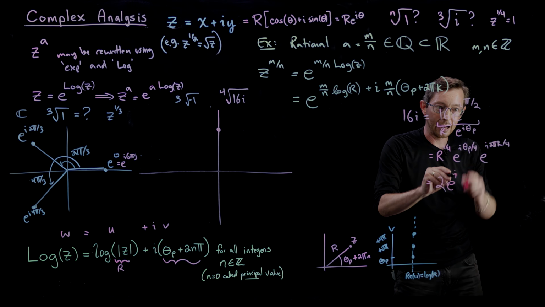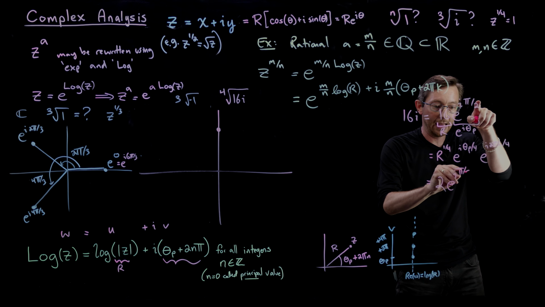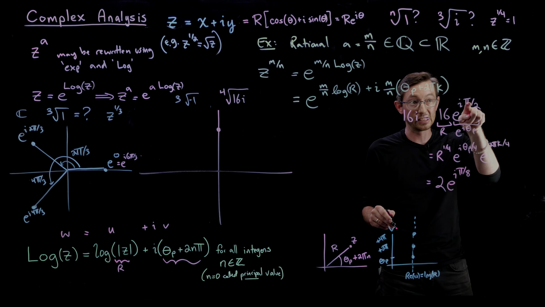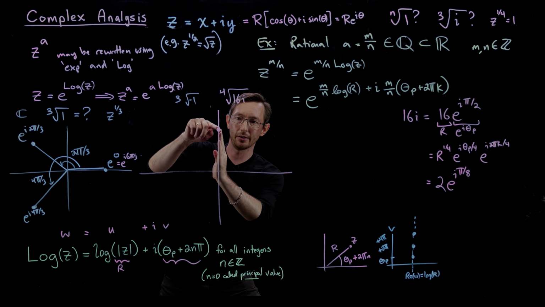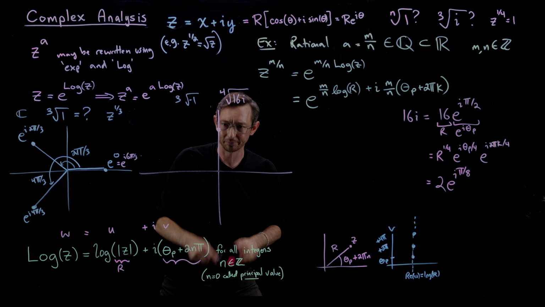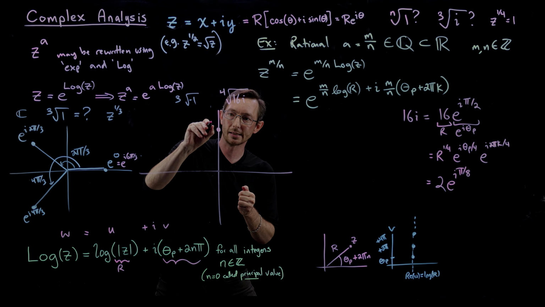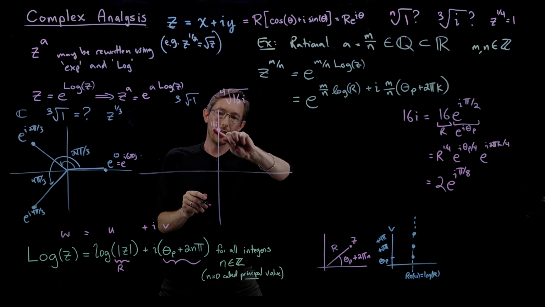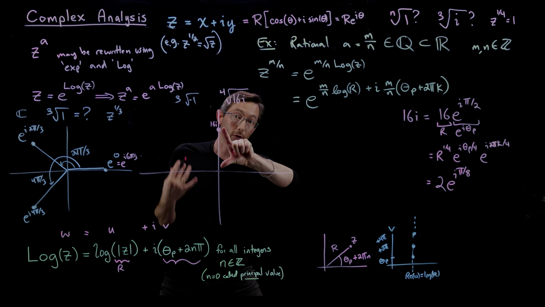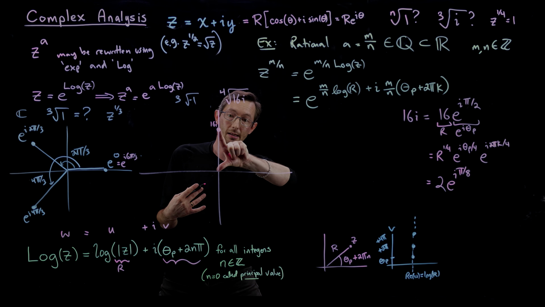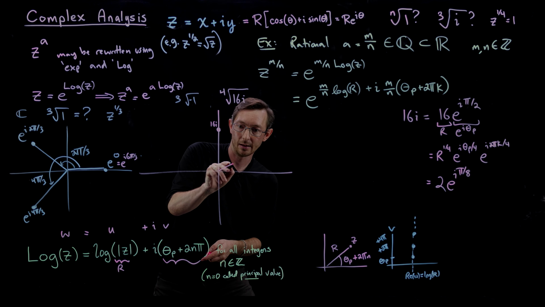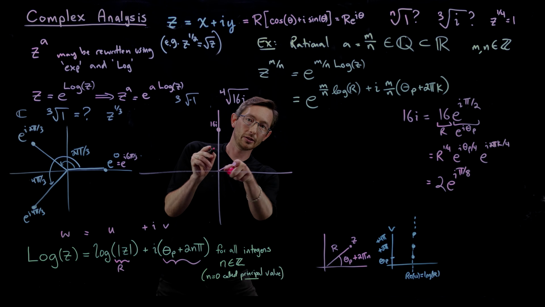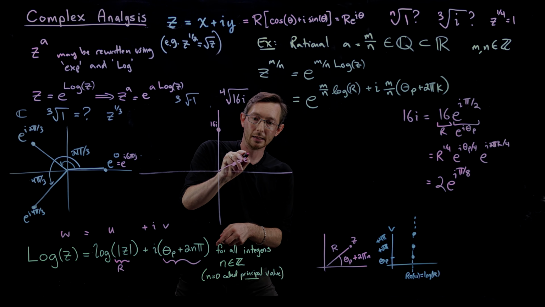This is e to the i pi eighths, okay, because that's what the principal angle divided by 4 is. And this is really easy to understand. Let's say this is 16i, then the first principal fourth root of this is going to have, I'm going to divide this into 4 pieces, so it's going to have length 2, e to the i pi eighths.